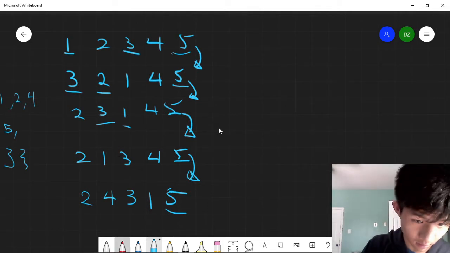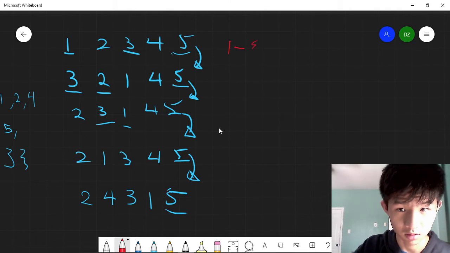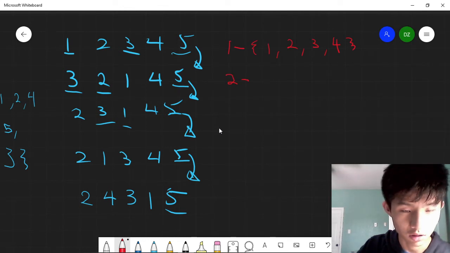So for now, within k swaps, let's just see how many positions each one reaches. 1 reaches 4 positions. 2 reaches, let's see, 2 positions. 3 reaches 3 positions.